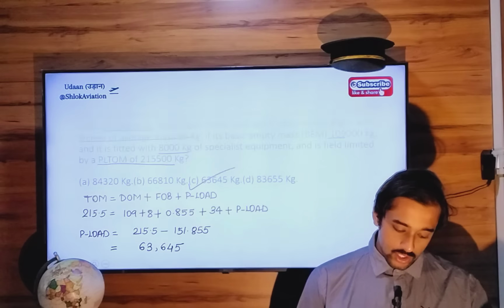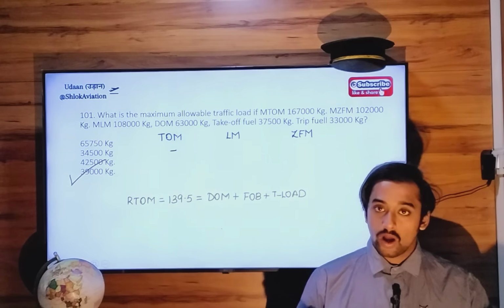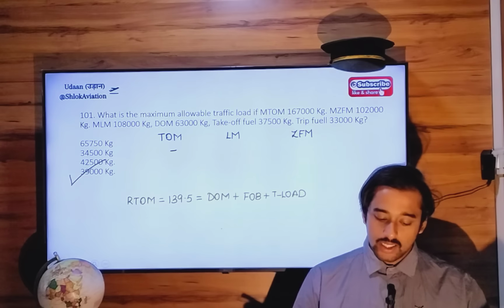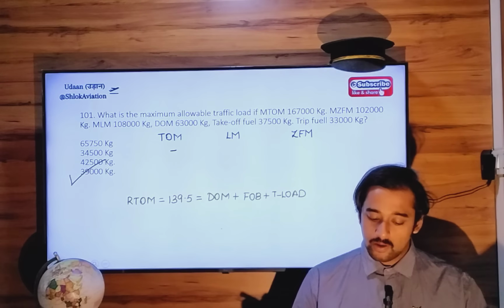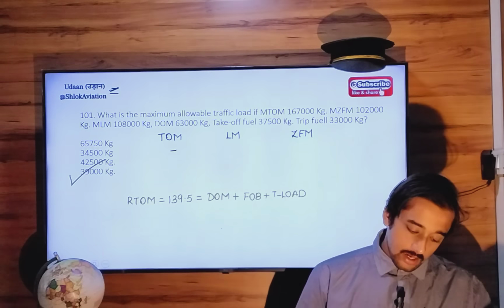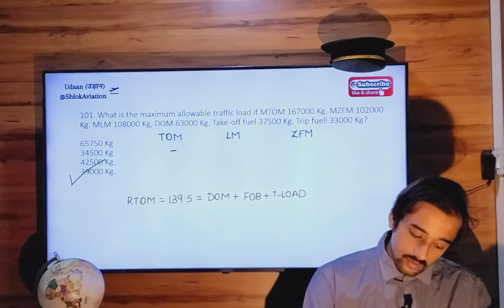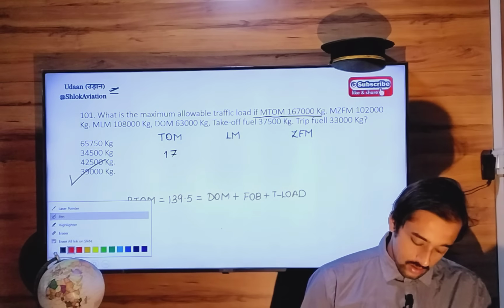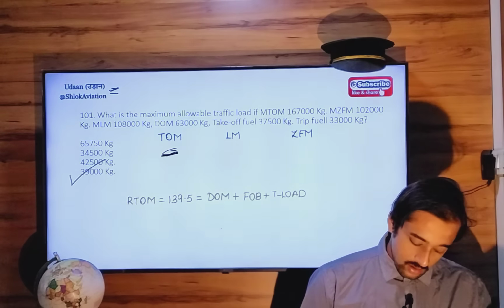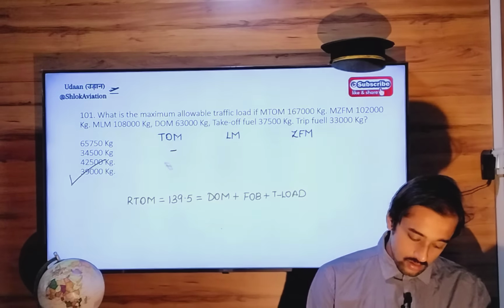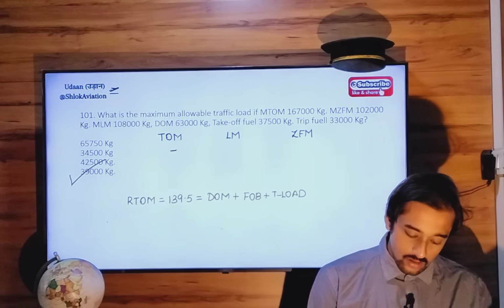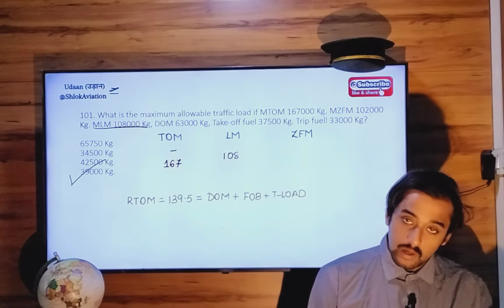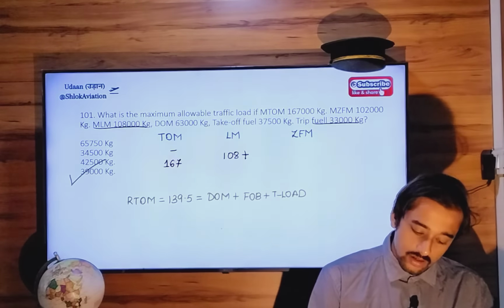Next, question number 101. Again, what is the maximum allowable traffic load if takeoff mass, zero fuel mass, landing mass, DOM, fuel, trip fuel are given to you? The takeoff mass is 167. Landing mass is 108 plus trip fuel, always basics.